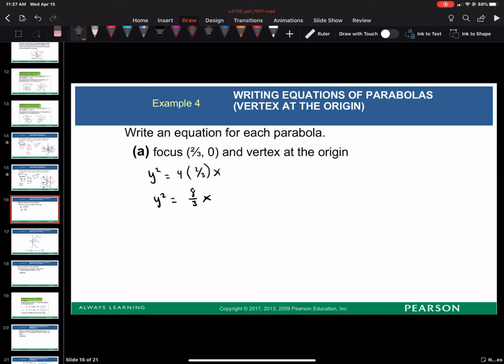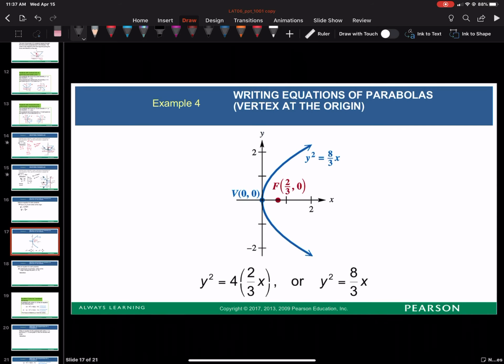So that's all you had to do. Now you found the equation. So let's look at the graph of this equation, which we knew was a sideways parabola because they gave us the focus and they gave us the origin as the vertex.